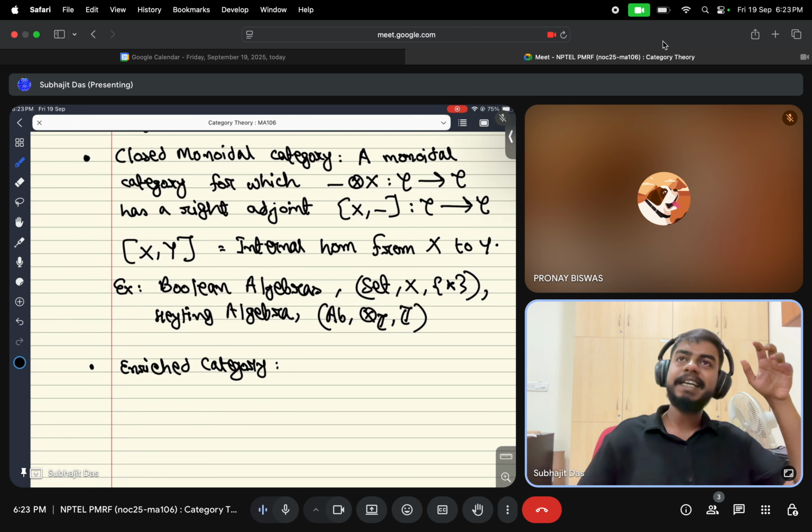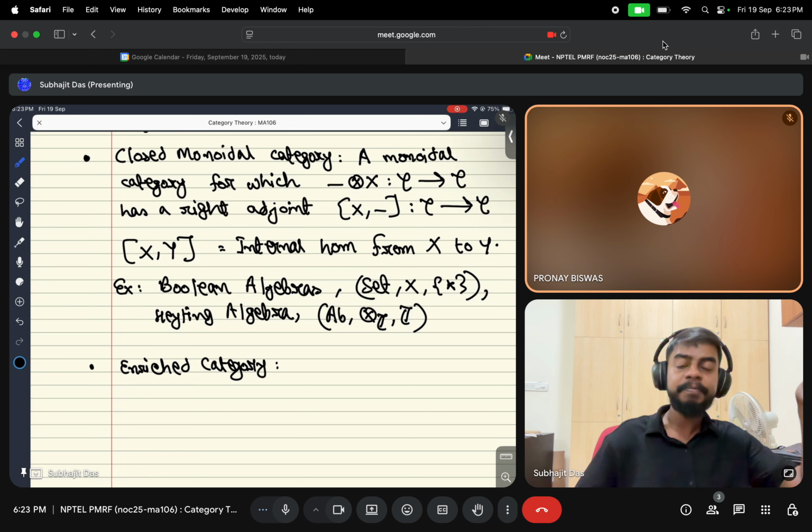But in many categories, the Hom sets have additional structure. For example, one can look at the category of vector spaces over a field. Then each Hom set has the structure of an abelian group. It is in fact a vector space, but let's just focus on that.